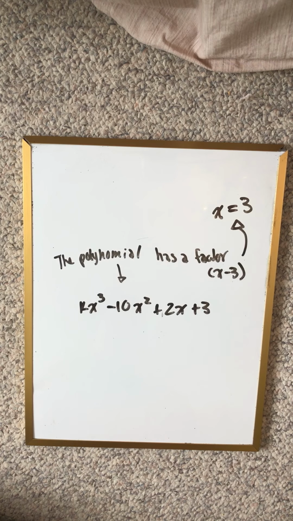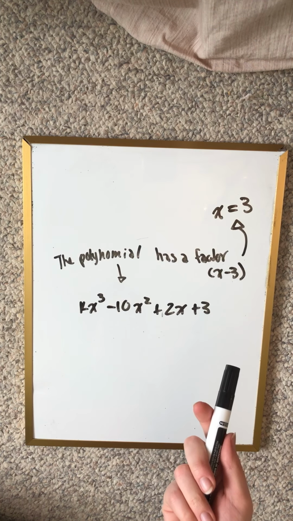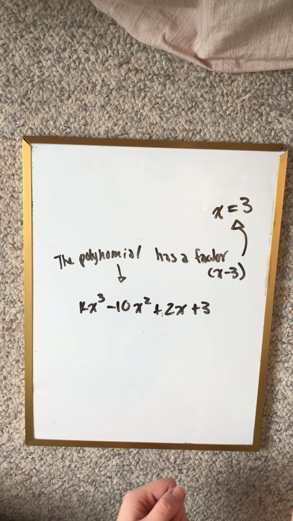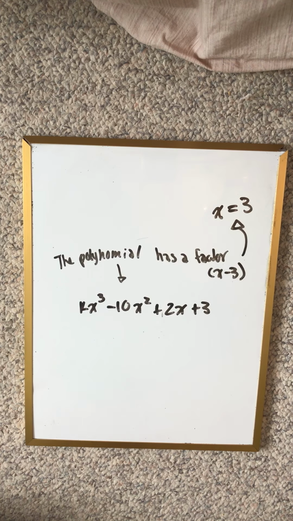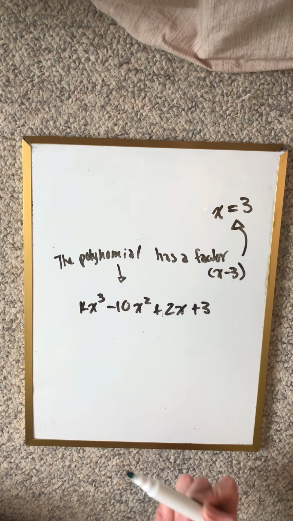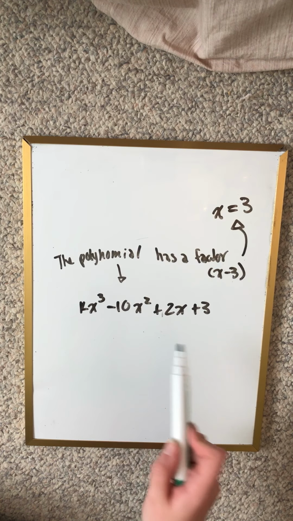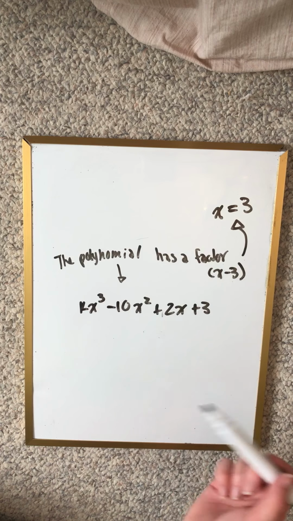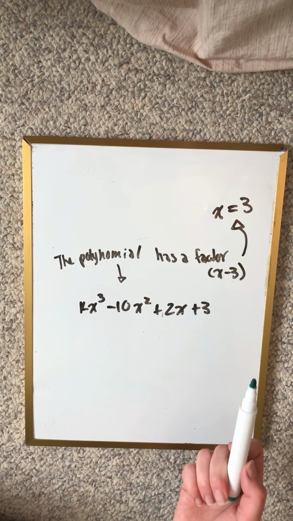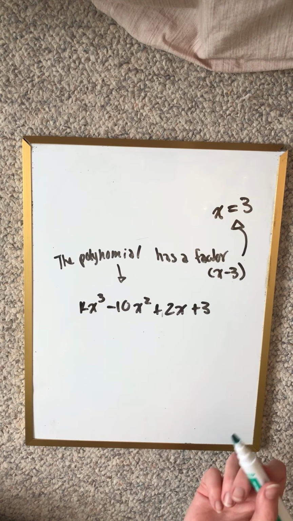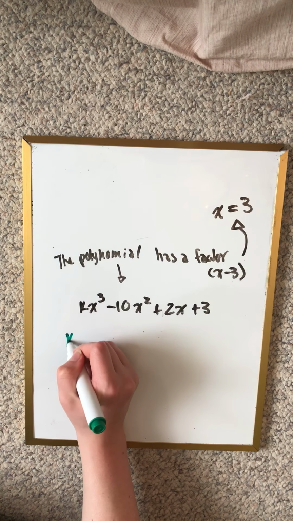So when a polynomial has a factor, we know that the remainder is going to be 0. So what we can do is substitute in our x value where we see an x here, and we know that since it's a factor, the outcome is going to be 0. So we can just rewrite it.